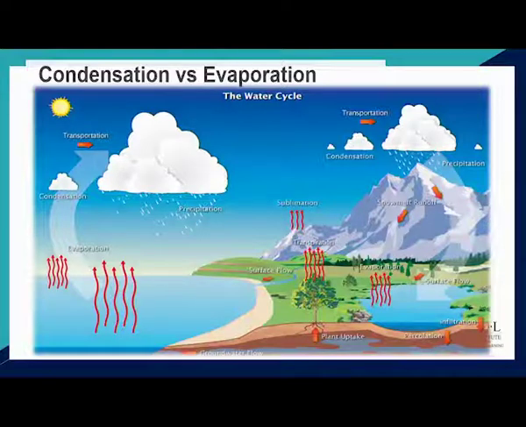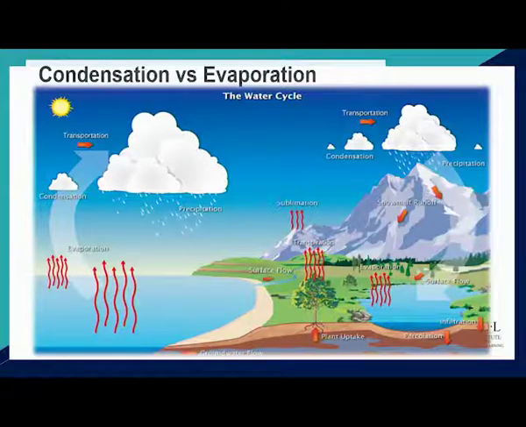From the water body, heat energy comes there, and then you have evaporation. When it's windy, we expect the evaporation rate to be high. So when it evaporates, it gets into condensation, and after that it forms cloud.